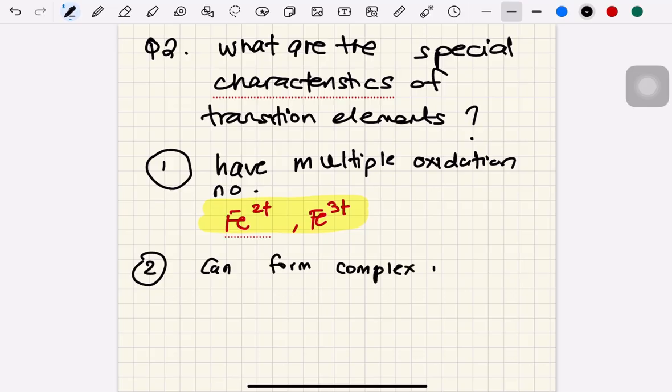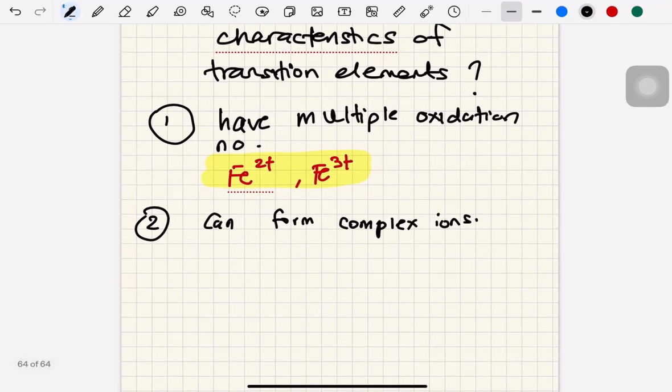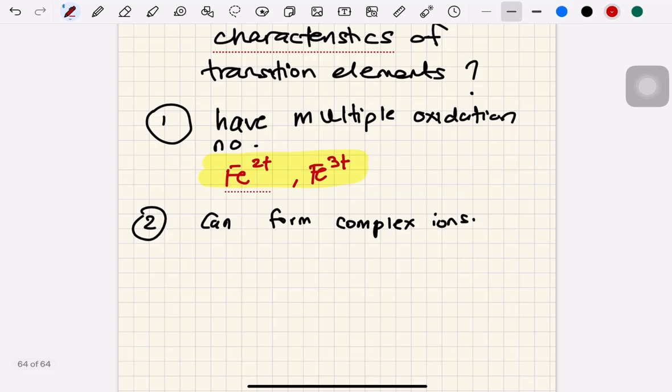Can form complex ion. Okay, so contoh I give you yang biasa you nampak, which is Cr2O7 2-. Okay, so this is dichromate ion. So you see dalam one ion, satu ion, and they have chromium and oxygen, what we call as polyatomic ion, and this is complex ion, kan.